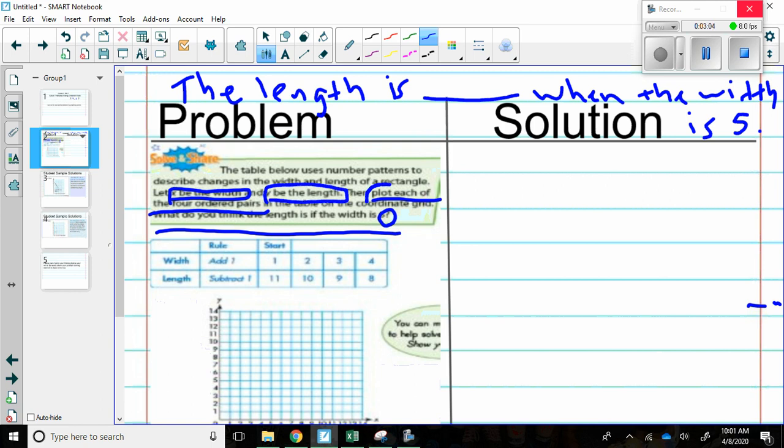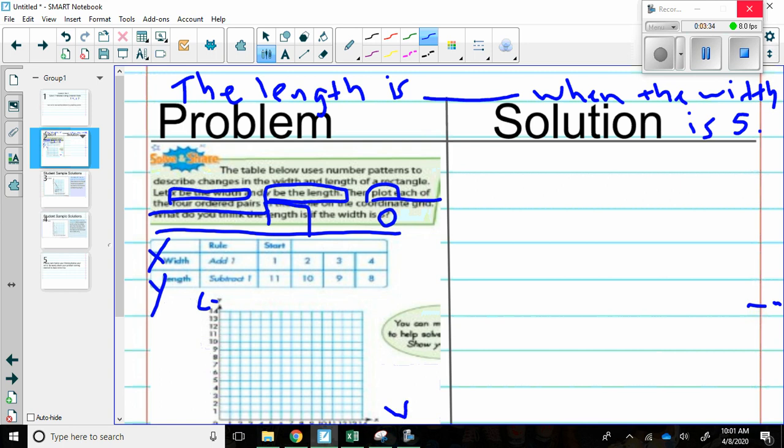Then plot each of the four ordered pairs in the table on the coordinate grid. What do you think the length is if the width is 5? So notice that we need to keep in mind that the width is represented by x and that length is represented by y. So that's length, and down here is width.